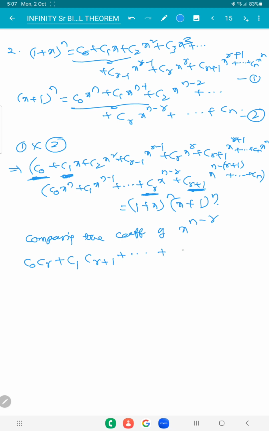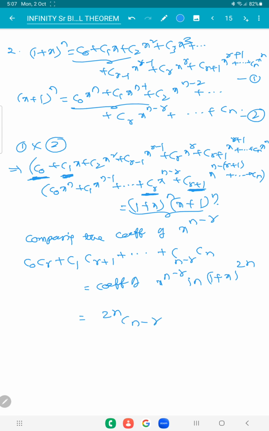What is the last term? This is cn, right? So the previous term is cn minus r. So this is the coefficient of x power n minus r in the left hand side, equal to the coefficient of x power n minus r in the right hand side also. If you multiply this one, it becomes 1 plus x whole power 2n. So what is the coefficient of x power n minus r in this one? That is equal to 2n c n minus r.